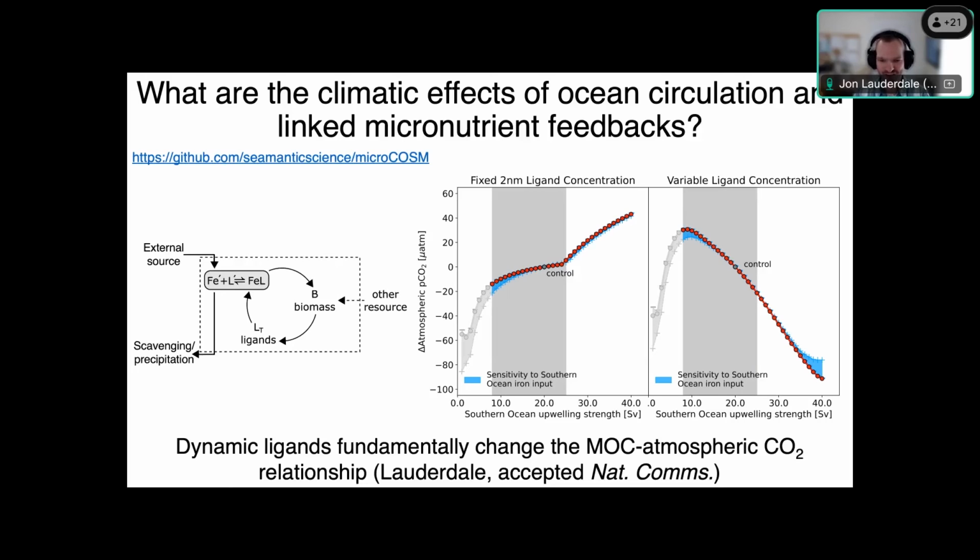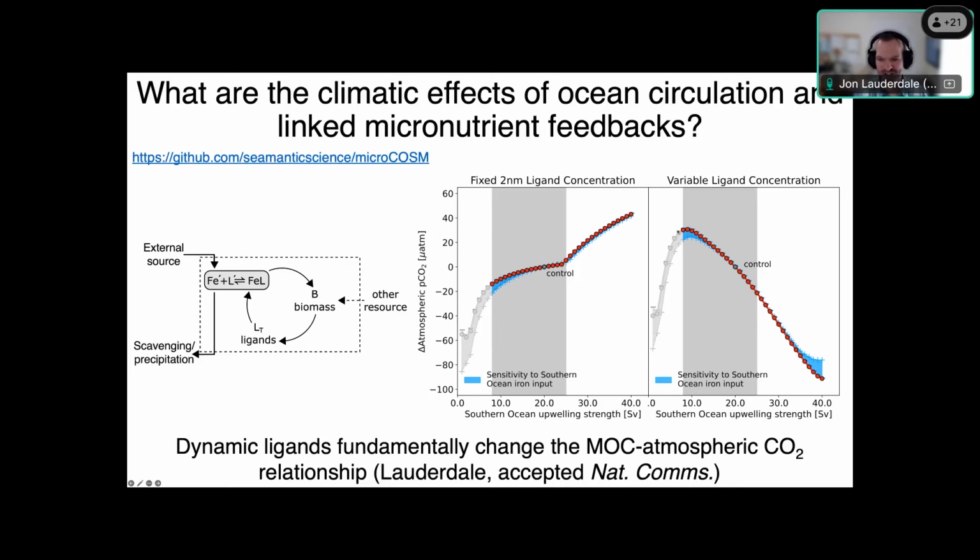The more nutrients stimulate production a little bit, which generates more biomass, which generates more ligands and can trap more iron. And more iron allows more biomass to reproduce from the excess macronutrients, which generates more ligands and more iron, and so on and so forth. So when you increase the Southern Ocean upwelling, you now get a very strong drawdown of atmospheric CO2.